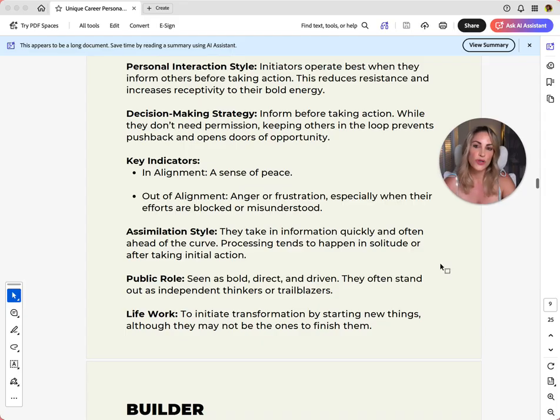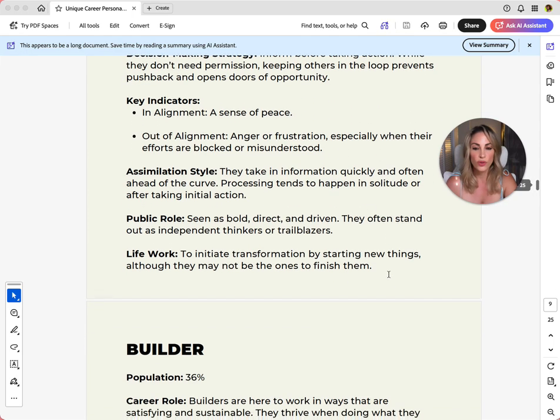And then each person has a very unique way of going through all these different key indicators. But for initiators, you really want to feel peace to be in alignment. And when you're out of alignment, you have a lot of anger.